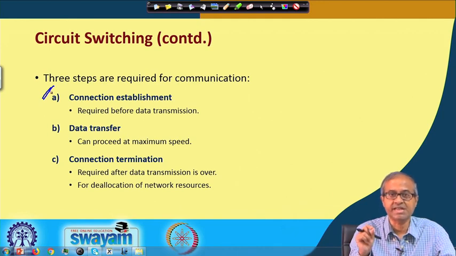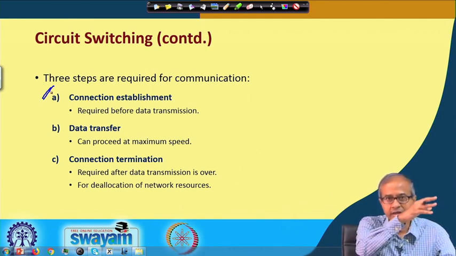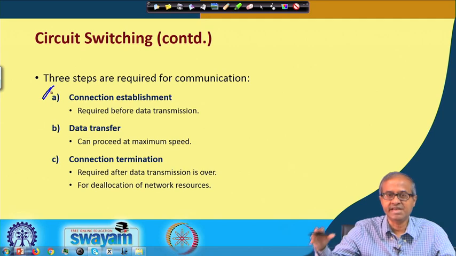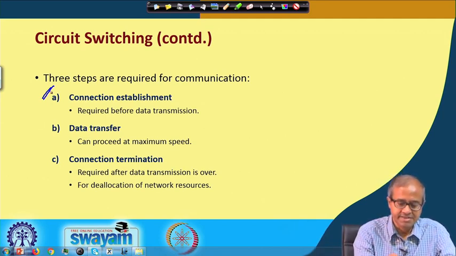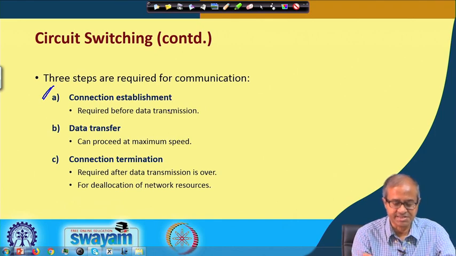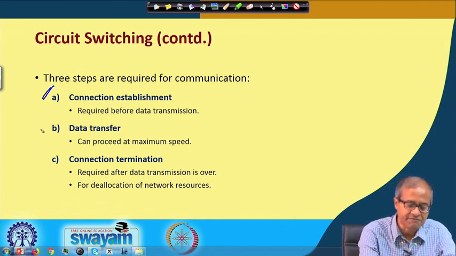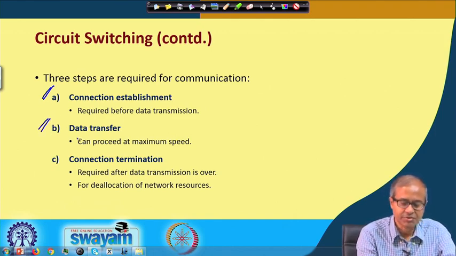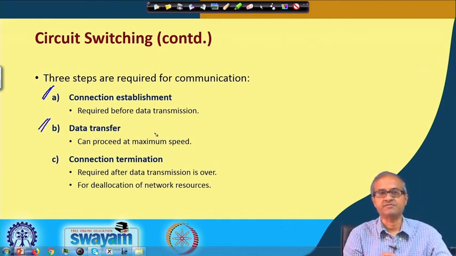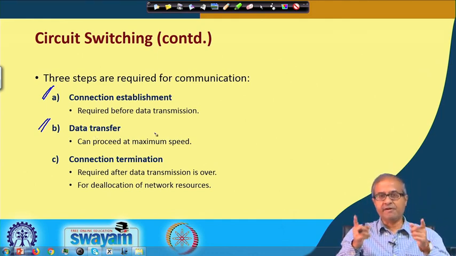That step is the connection establishment phase, where the dedicated channels or links are getting established. This is required before the data transmission can start, and once you have the connection established, you can actually carry out the data transfer.